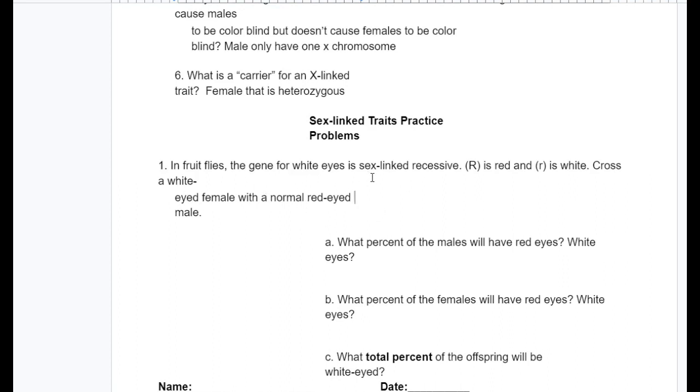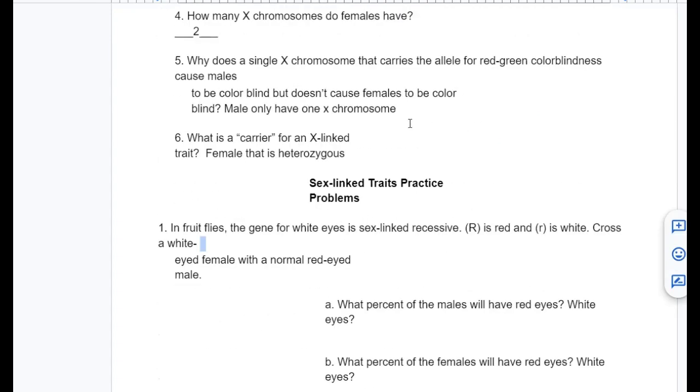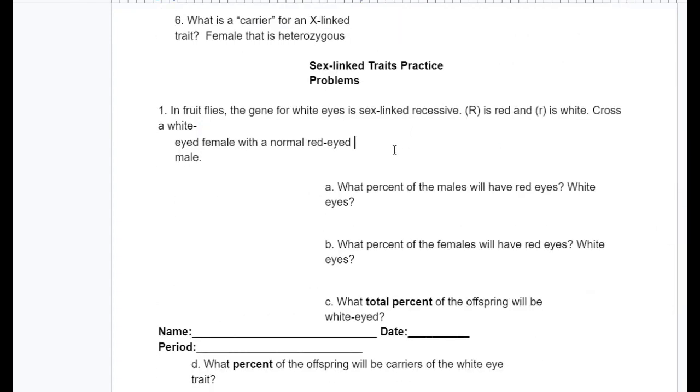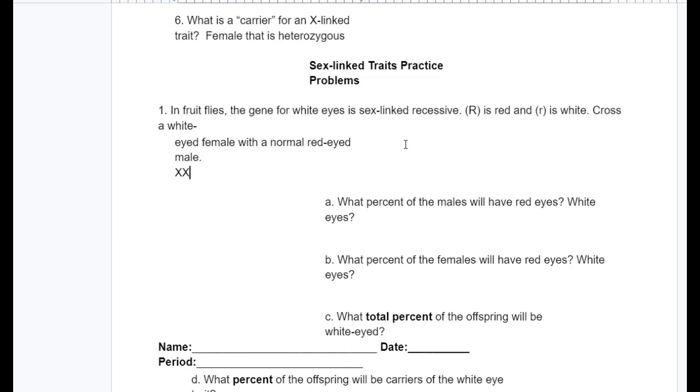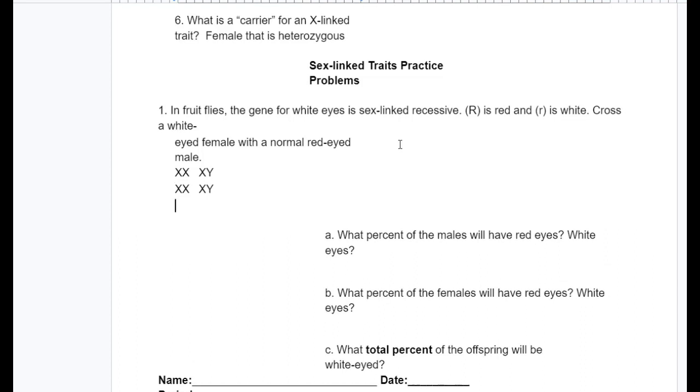All right, so what are we going to do? We should put our boxes first. Over here, what's going to happen? So I have XX, and we have an XY, and down here we have XX, and we have an XY, and we have an XX.